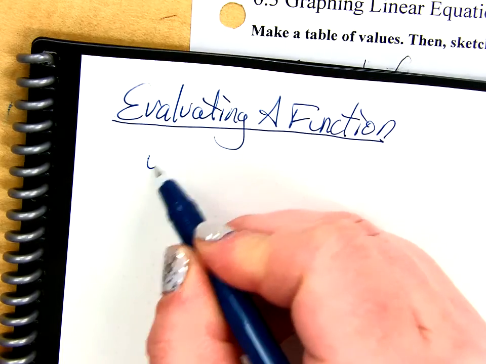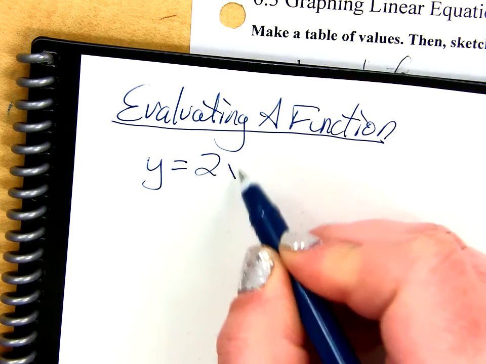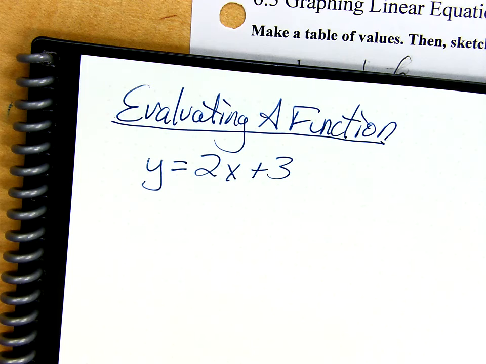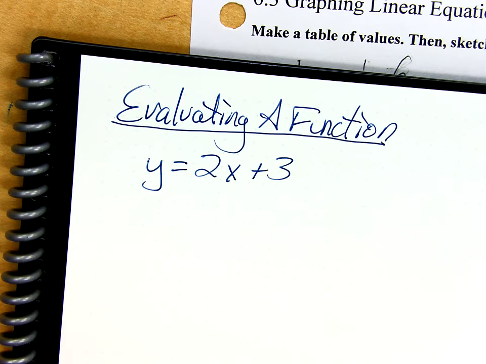That equation might look something like this: y equals 2x plus 3, right? There's something called function notation. It means the exact same thing as this, but it's written differently. It takes a little while to get used to, but once you do, it's super helpful. So bear with me at first. I know it's weird and you feel like, why would I ever write it this way? But it will come in helpful later on.